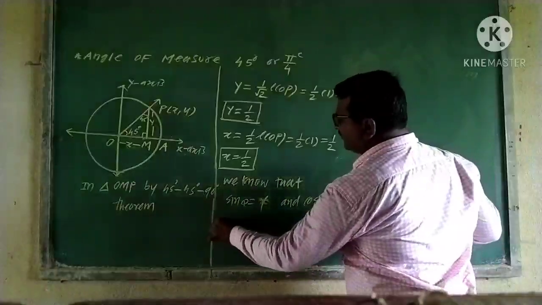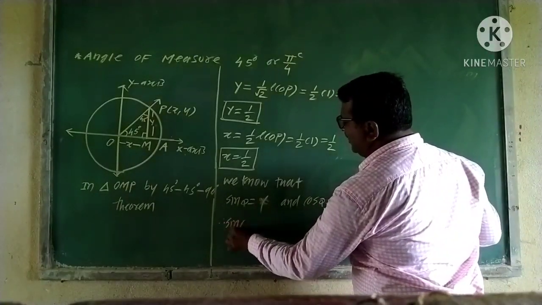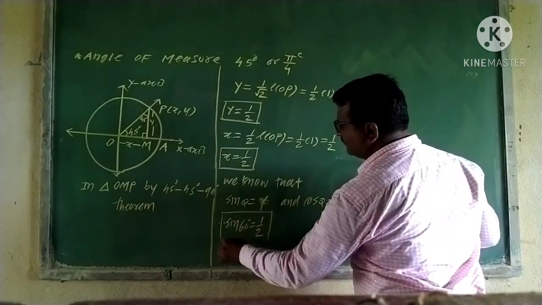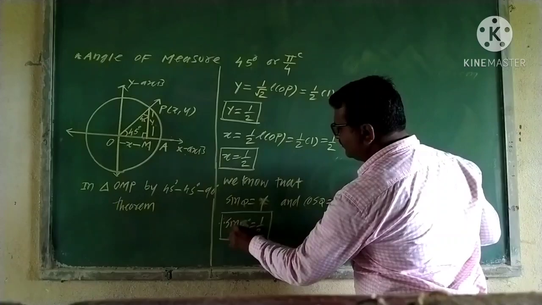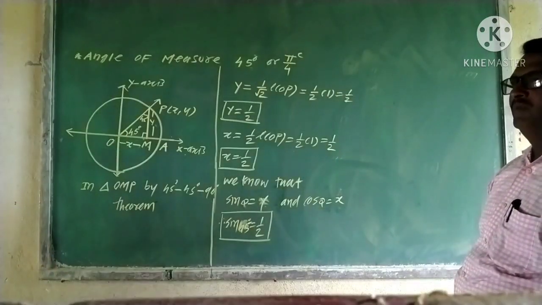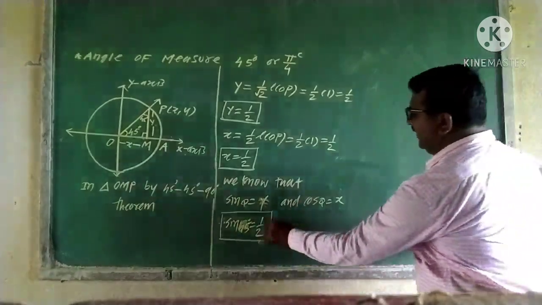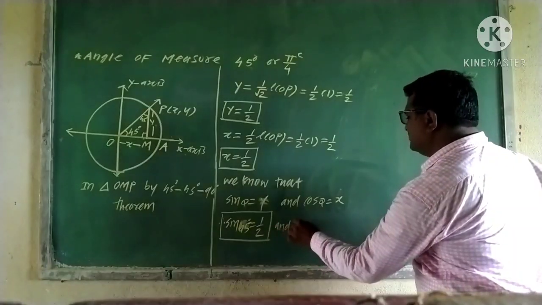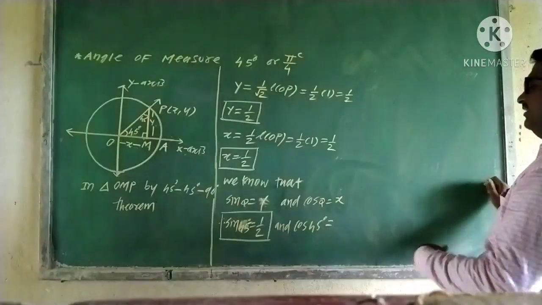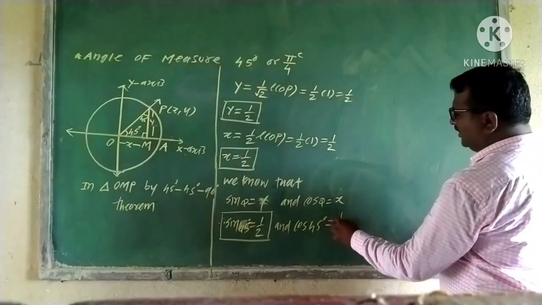So sin of 45 degree equals 1 upon square root 2, and cos of 45 degree is also equal to 1 upon square root 2.